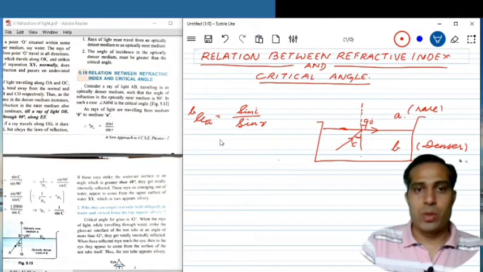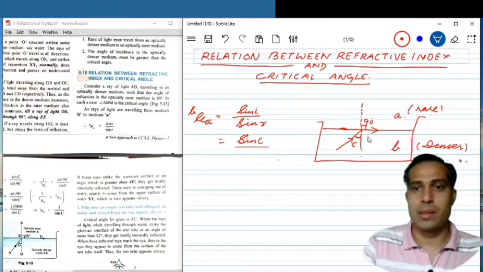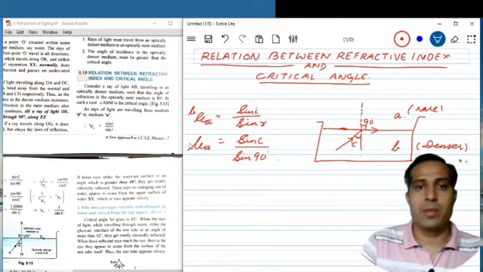So the sine i here is sine C. Angle of incidence is C, that is the critical angle, and the angle of refraction r here is 90, sine 90 degree. That is the refractive index of medium A with respect to medium B.